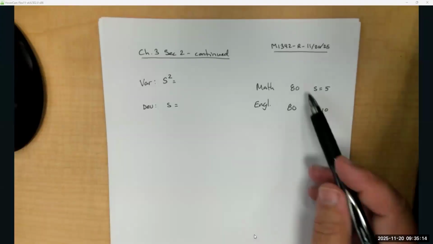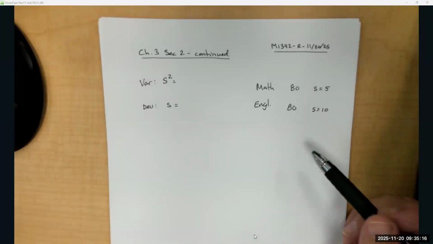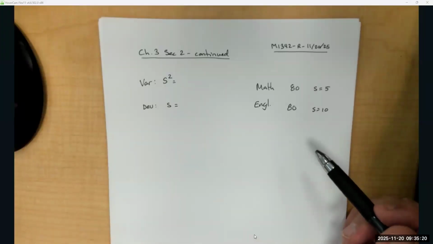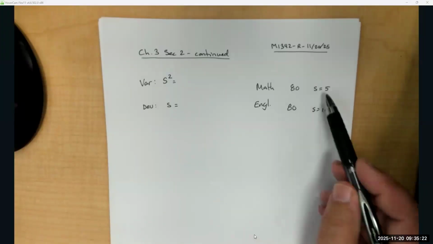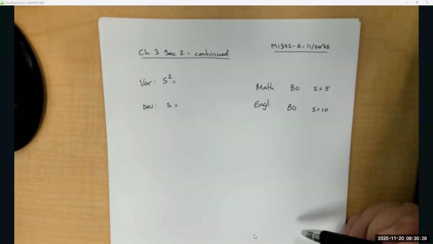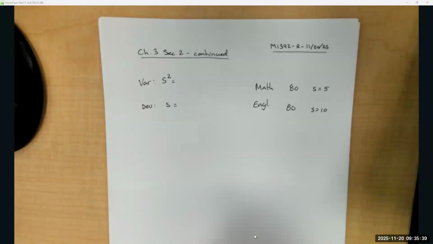No, I mean, you made an 80. You made an 80, you made an 80. It had nothing to do with the test itself. It's your intelligence answered those questions correctly 80% of the time. But what does deviation relate to? From the median or mean? Mean, yes. From the mean.